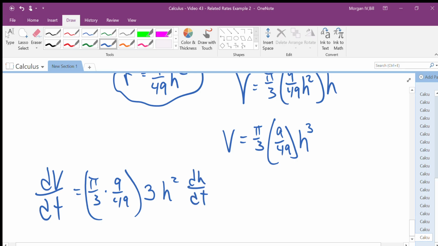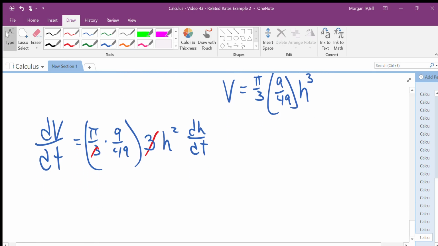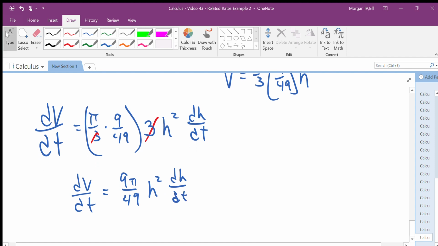Don't forget about the chain rule there. If I simplify, I've got this 3 down here with this 3 there. So what I have is dV/dt, the rate of change of the volume, is 9 pi over 49 h squared dh/dt, the rate of change of the height, which is what I'm looking for.